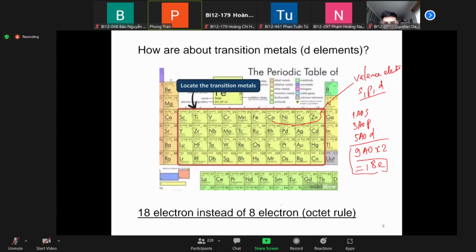So it means that for the transition metals, instead of obeying the octet rule, they will obey the rule of 18 electrons. So the transition metals have a tendency to gain, lose, or share electrons until they have 18 valence electrons, which will be the stable state.